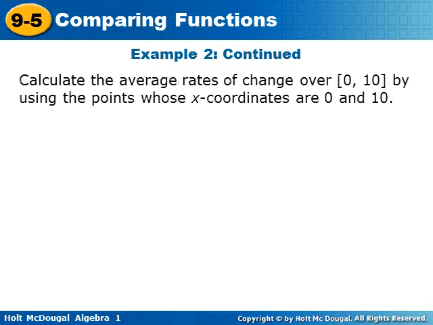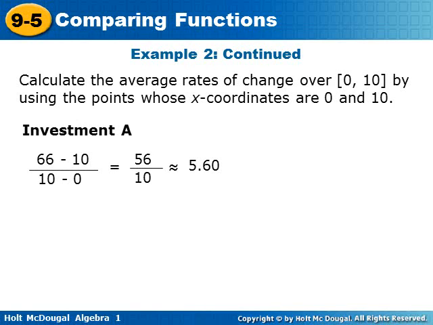So you're going to calculate the average rates of change over [0, 10], by using points whose x coordinates are 0 and 10. So for investment A, remember it's y2 minus y1 divided by x2 minus x1. It's the slope formula. So we're going to use 66 minus 10 divided by 10 minus 0, and that equals 56 tenths, or 5.60.